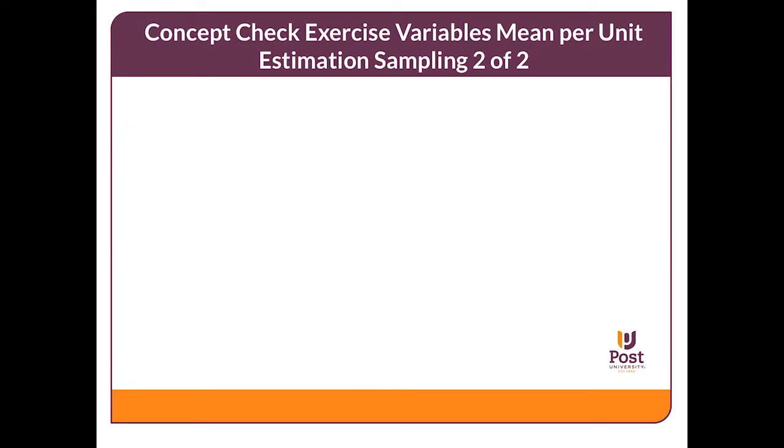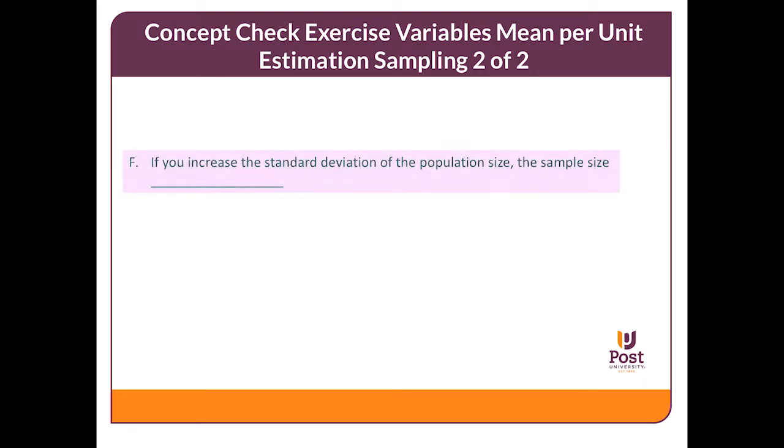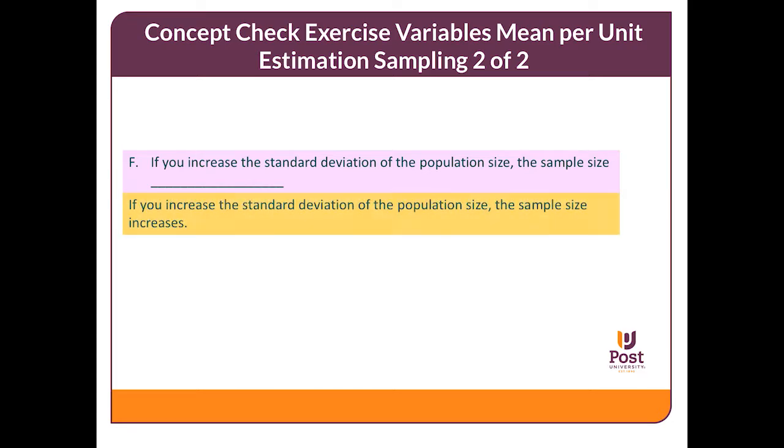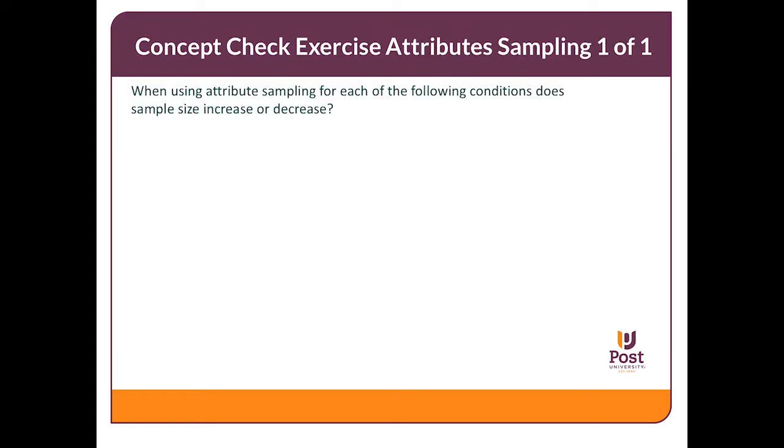Here's one more relating to variable sampling. F. If you increase the standard deviation of the population, the sample size will. If you increase the standard deviation of the population, the sample size increases.